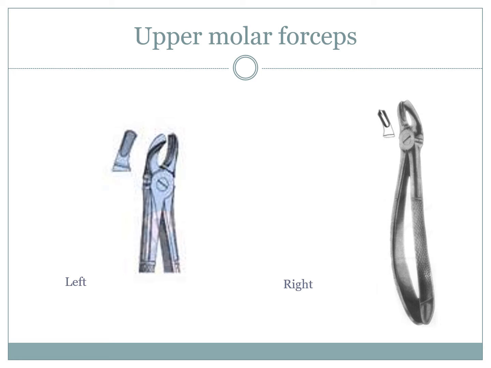So we can identify the forceps by which side the beak is, that is the quadrant. If the pointed beak is seen on the right side, that means it's for the left side, so that means second quadrant. If the beak is on the left side, that is the first quadrant.